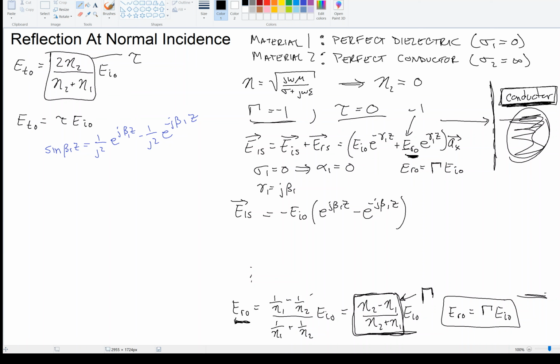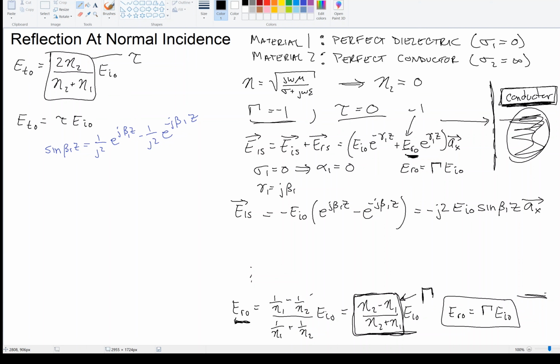Remember the sine of theta is equal to 1/2j e to the j theta minus 1/2j e to the minus j theta. So I've got a sine wave here, which is interesting. So this makes minus j2 E i0 sine of beta 1z in the x direction.